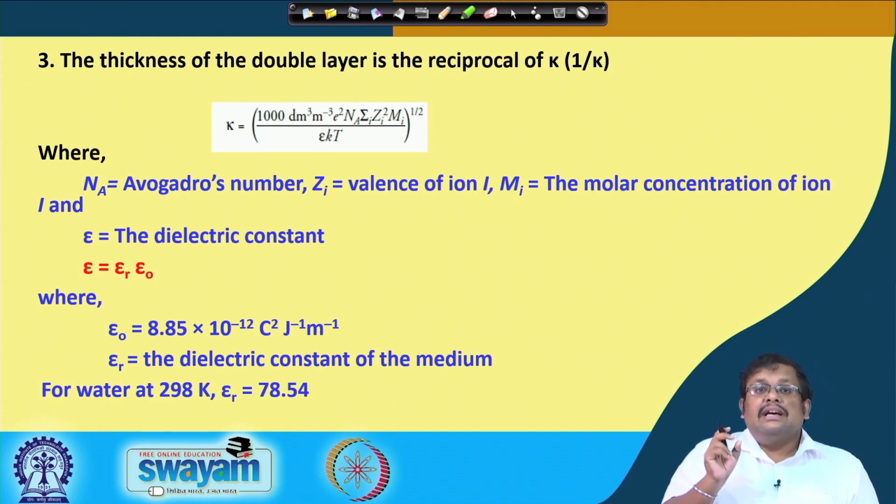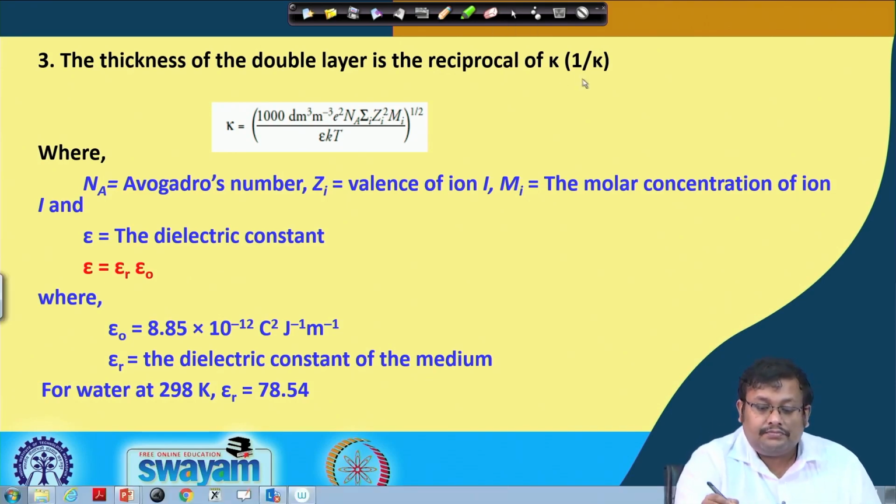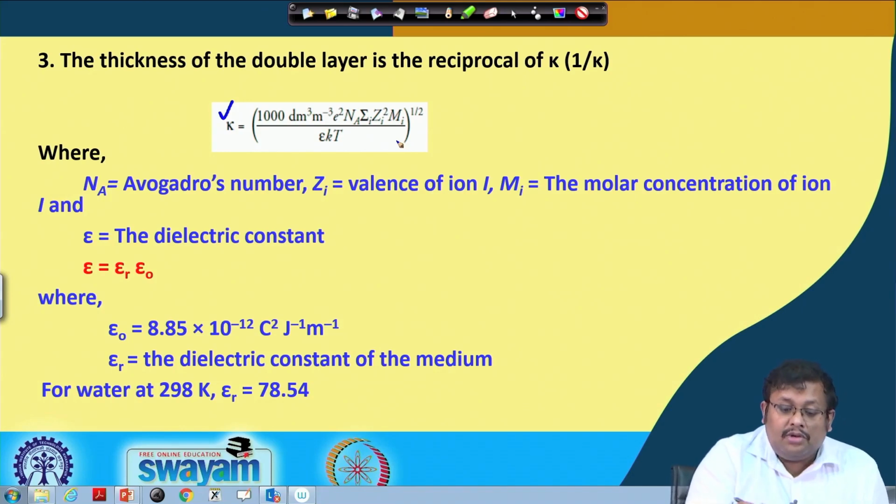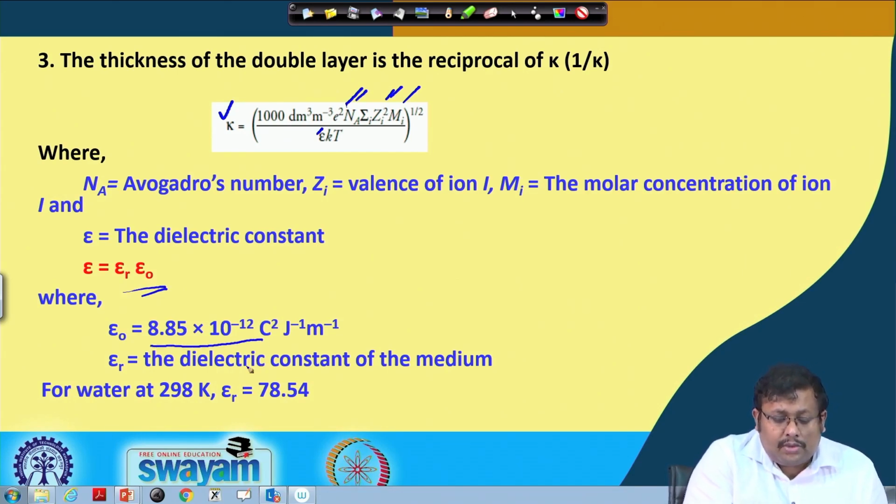So, we know the thickness is the reciprocal of k, that is 1 by k. k can be calculated by using this formula: 1000 dm cubed per m cubed, e squared NA times the summation of zi squared mi, divided by εkT, where NA stands for the Avogadro number, zi stands for the valency of the ion, mi stands for the molar concentration of the ion, and ε stands for the dielectric constant. ε can be calculated by ε_r multiplied by ε0, where ε0 is 8.85 times 10 to the power minus 12 coulomb squared per joule per meter, whereas ε_r is the dielectric constant of the medium.